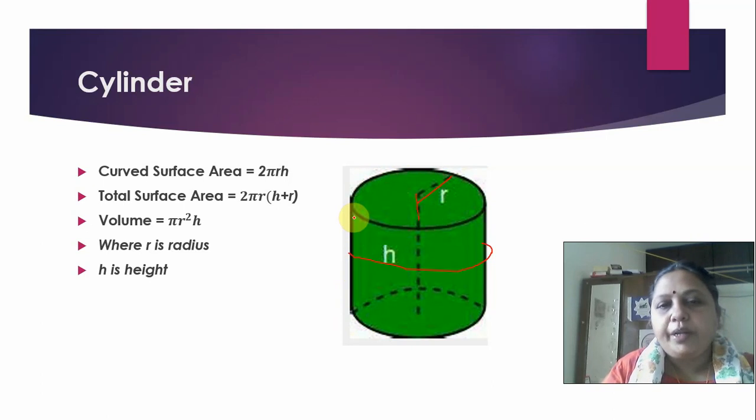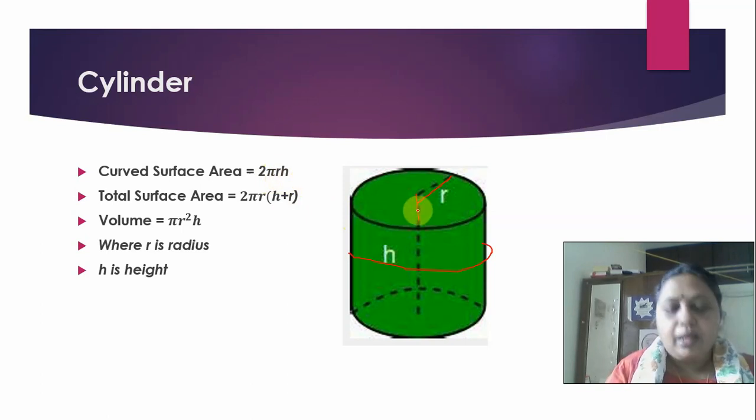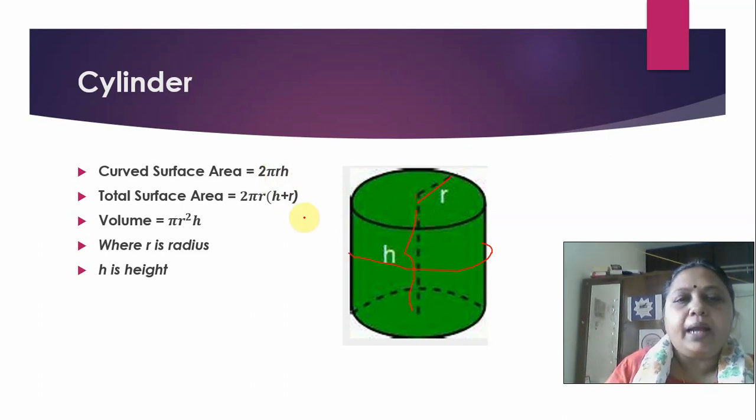If you add up a lot of circular surfaces, it will come up to a cylinder. So 2 pi r h. 2 pi r is the circumference of the circle and h is the height of the cylinder that you draw. This is the height.